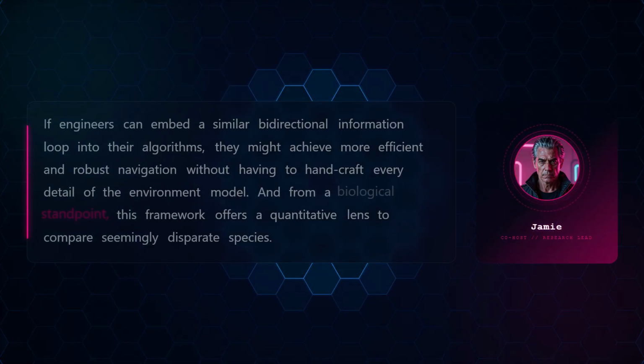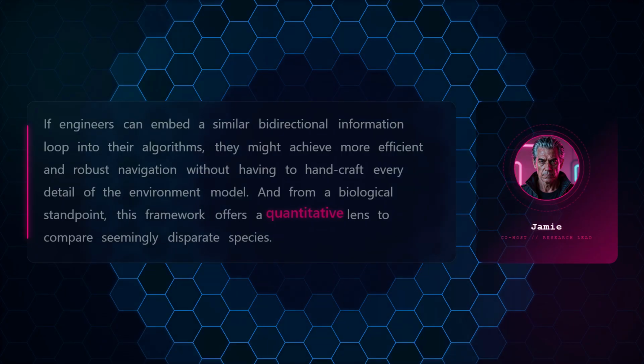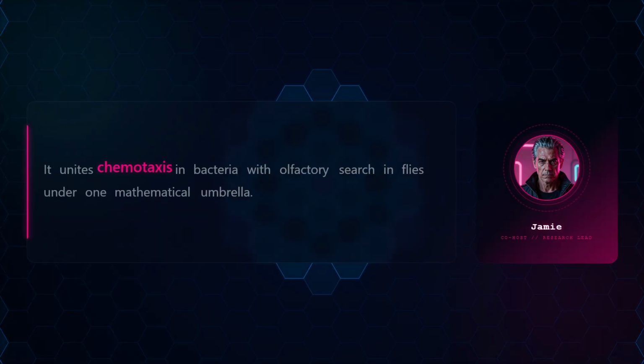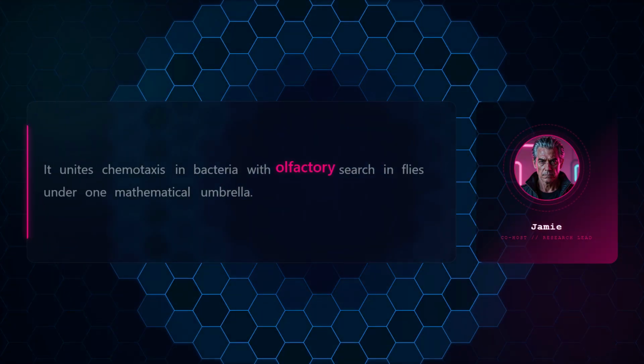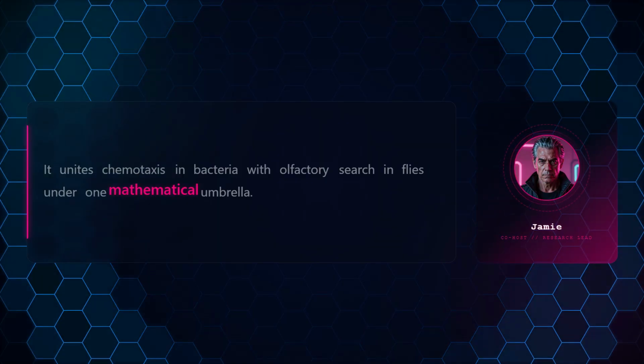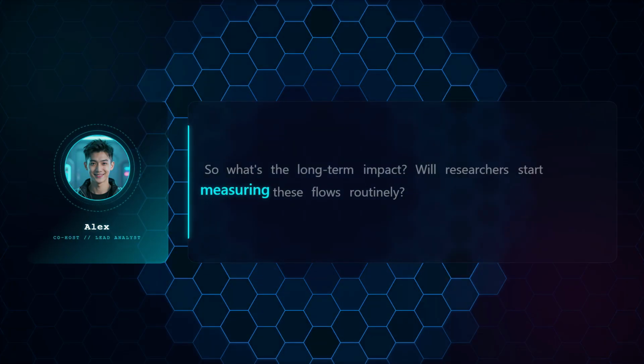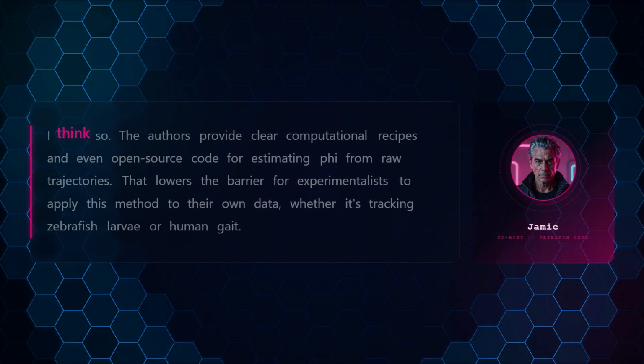And from a biological standpoint, this framework offers a quantitative lens to compare seemingly disparate species. It unites chemotaxis in bacteria with olfactory search in flies under one mathematical umbrella. So what's the long-term impact? Will researchers start measuring these flows routinely? I think so.